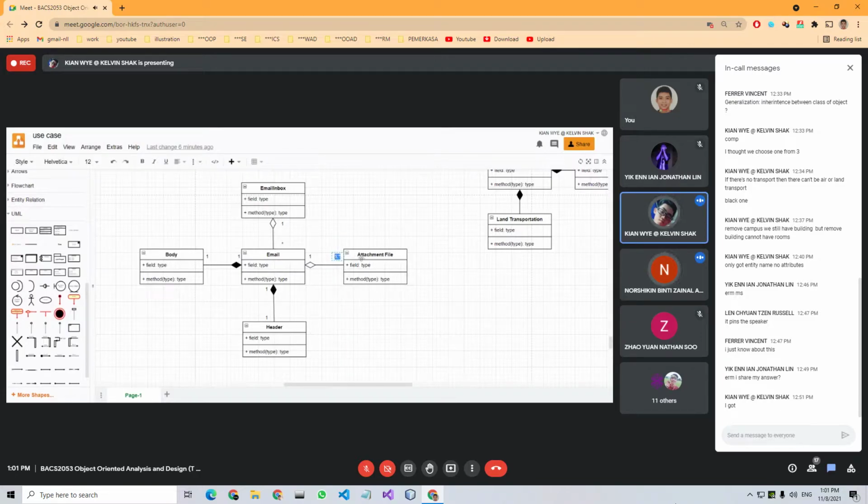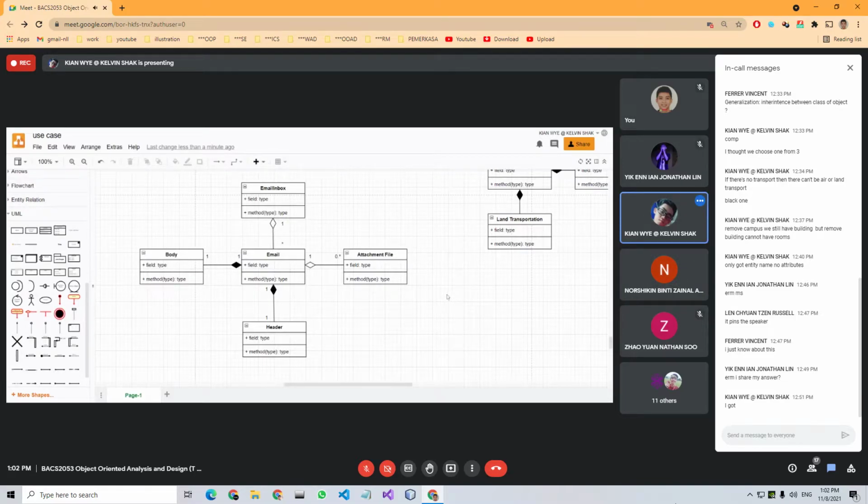The answer should be zero to many, because the attachment file is optional. It may consist of one or many attachment files. Optionally. Yes, it should be zero to many because the file can be attached or not.